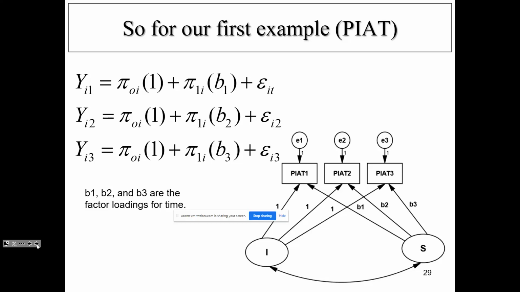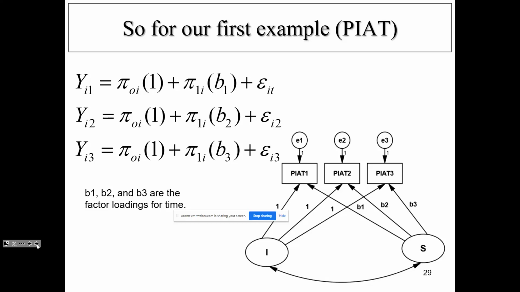This is very analogous to what we've talked about earlier in the semester. If I've got an exogenous variable, I'm estimating a variance. If I've got an endogenous variable, I'm estimating a residual variance, and we call that residual variance a measurement error if it's in the measurement part of the model, and a disturbance if it's in the structural part of the model. The parameter I'm estimating has to do with the unexplained variance, not the total variance.